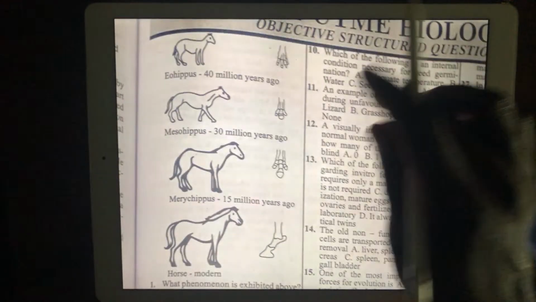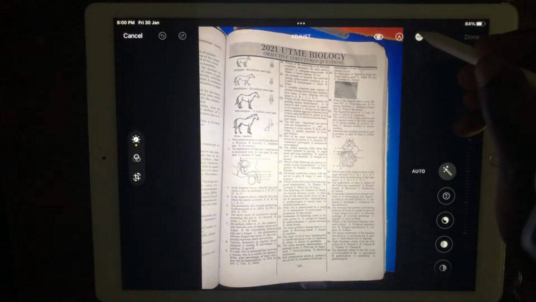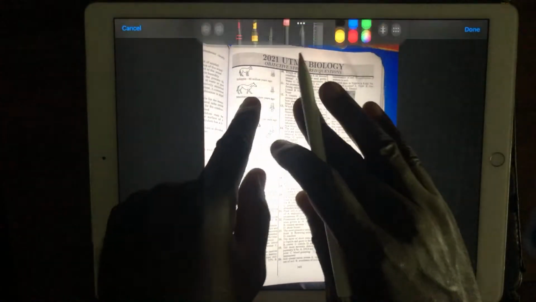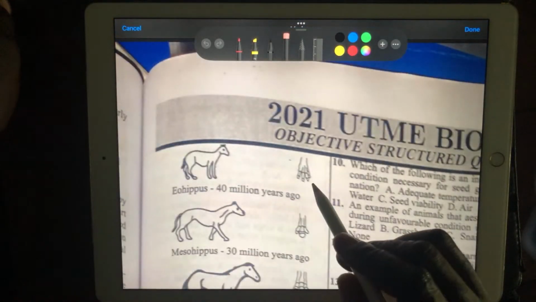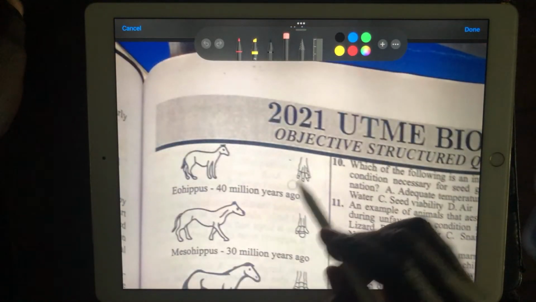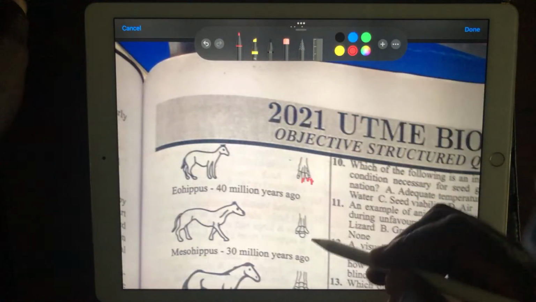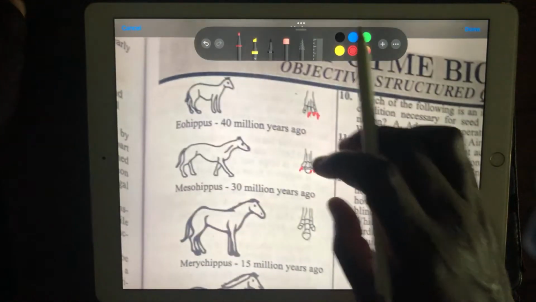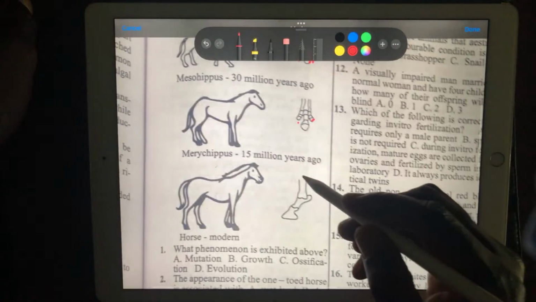Look at where we are supposed to focus: the number of toes. At 40 million years, we can see almost 4 or 5 toes. Here we can see 4. Here it is reduced to 3. Now it's reduced to 1.